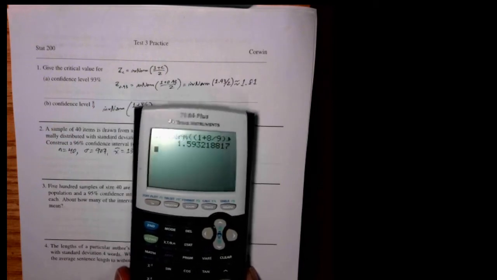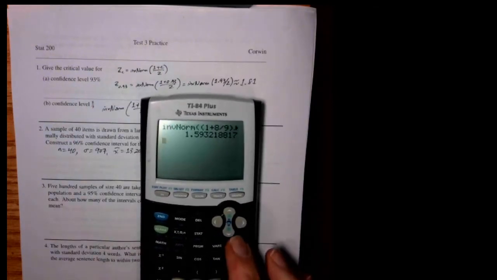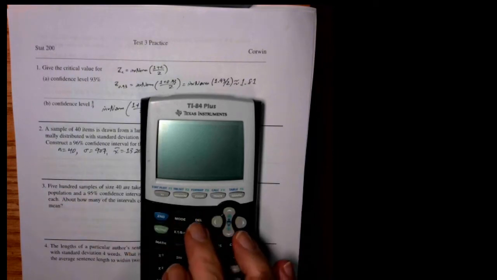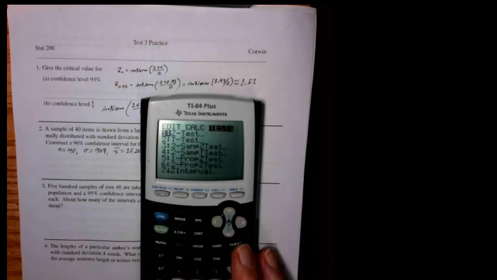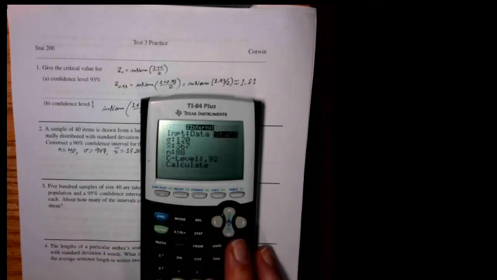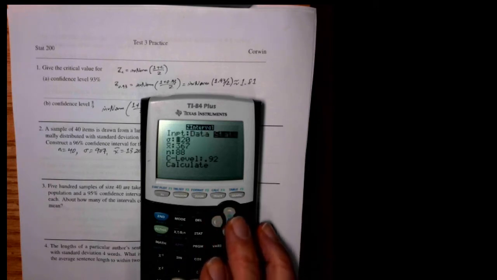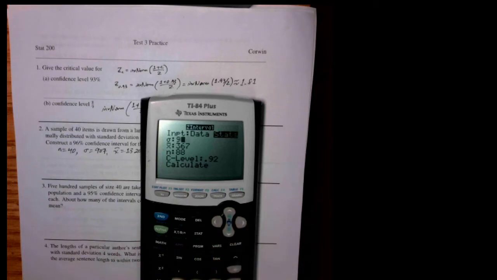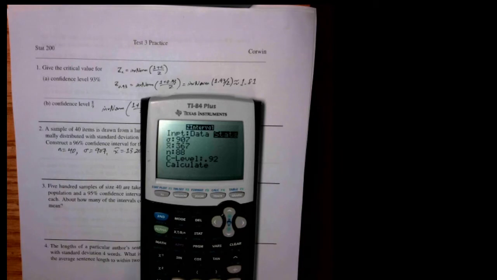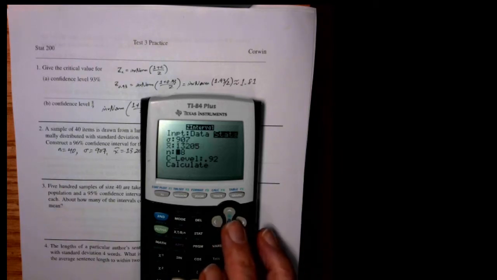Okay, so I'm going to be doing a Z interval here. I want STAT, then over to TESTS, and down to number 7 there, ZInterval. I'm doing it with stats, right? So remember you have to choose, so I put it on Stats and hit enter. And then I start putting in the numbers. Sigma is 907. X bar is 13,205.